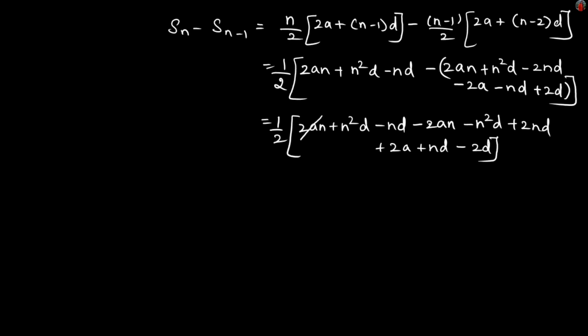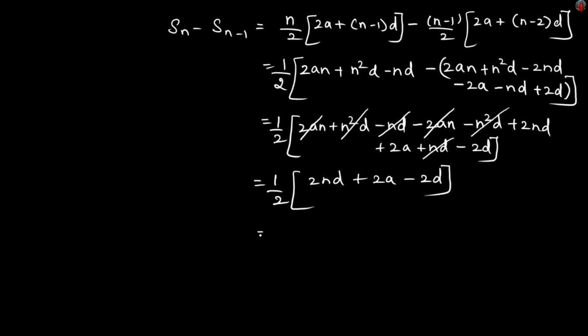So plus 2an and minus 2an cancel, plus n square d and minus n square d get cancelled, minus nd and plus nd get cancelled. So what is remaining? 1 by 2, 2nd plus 2a minus 2d. So we can take 2 outside from all the terms. If we take 2 outside, we have nd plus a minus d.